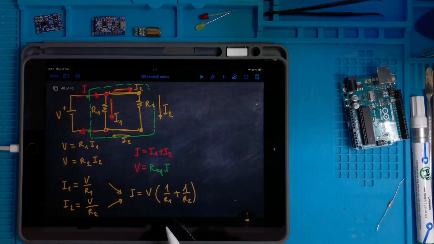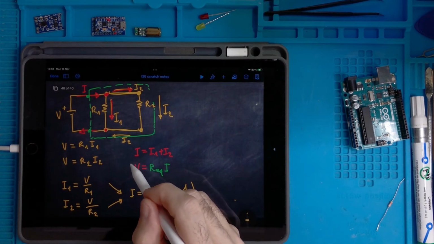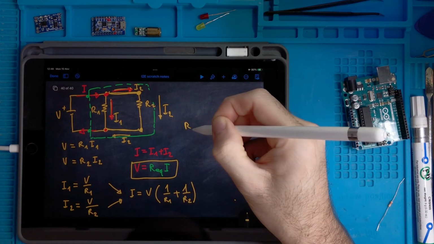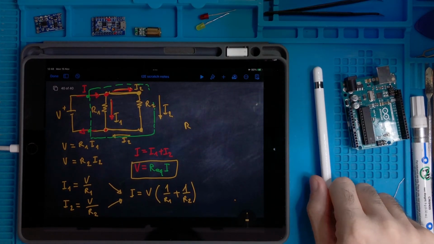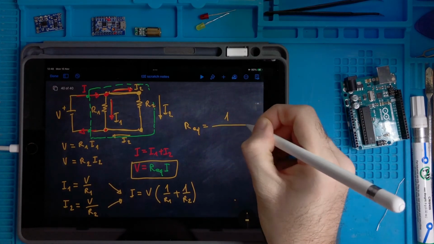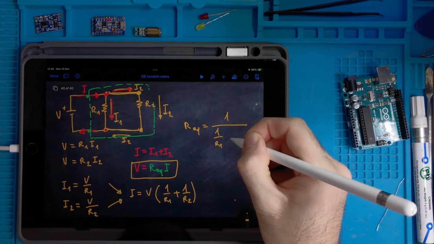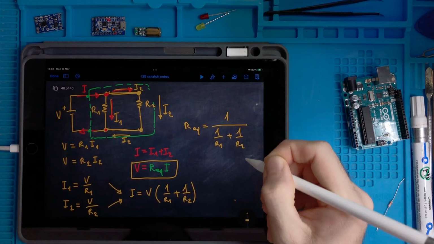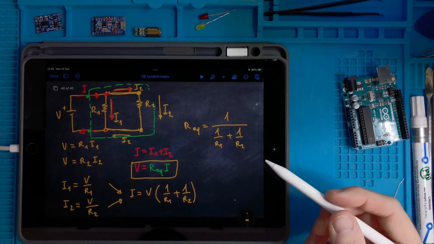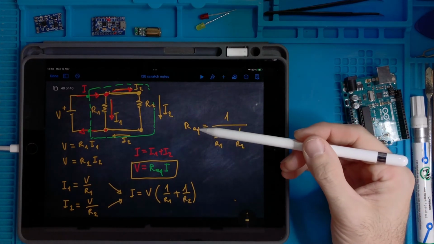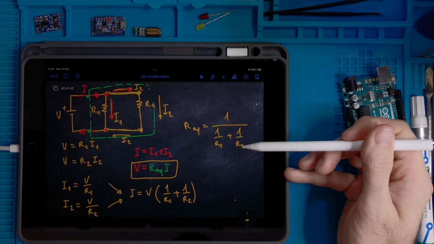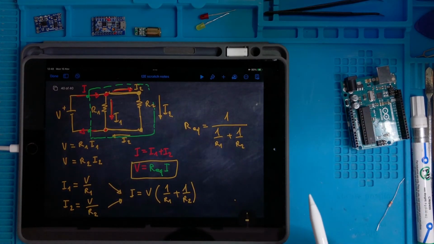And so, therefore, this is exactly what I was looking for. I just recognize that 1 over the equivalent resistor is 1 over R1 plus 1 over R2. So the reciprocal of the equivalent resistor is the summation of the reciprocals of the resistors which are in parallel.